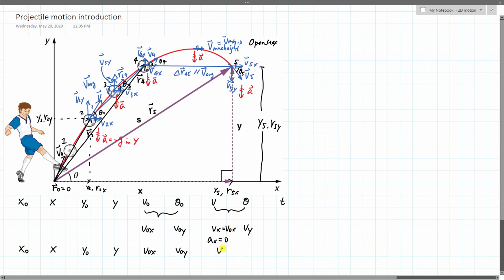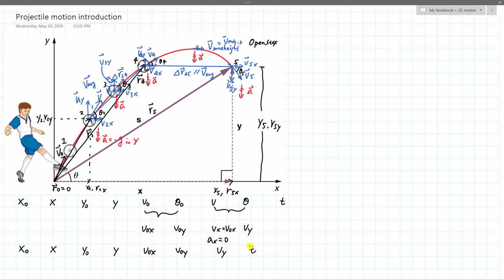So I just need the final velocity of y, and the angle then can be calculated with a known final velocity in x. And then I also need the time over here. So now I have 1, 2, 3, 4, 5, 6, 7, 8. I have 8 parameters. This is a larger problem to solve than in the previous time with 1D.